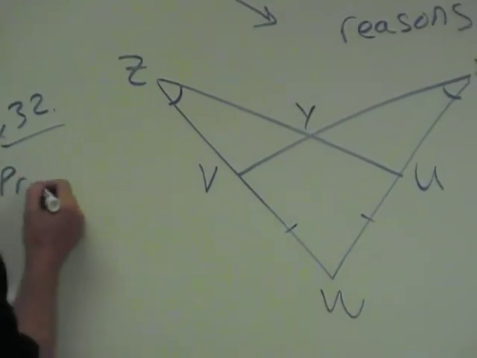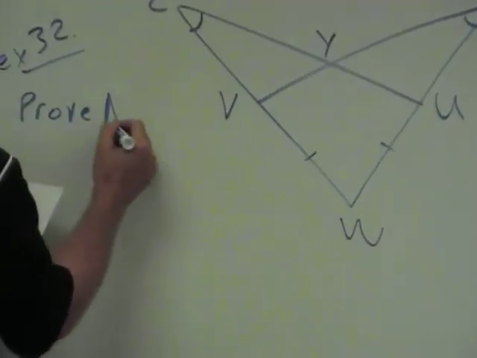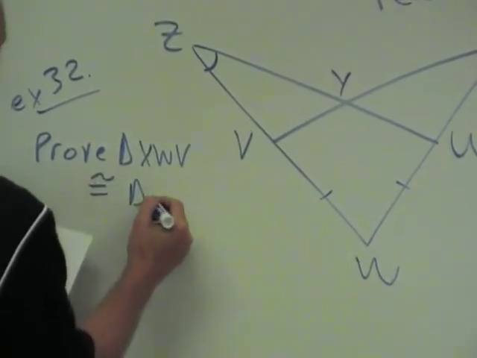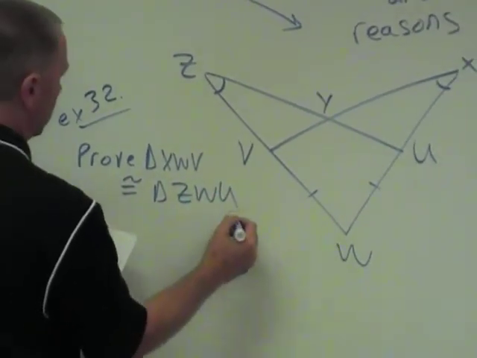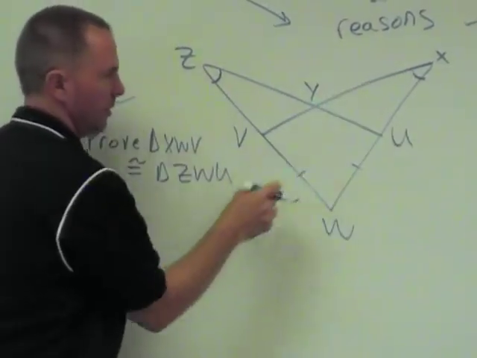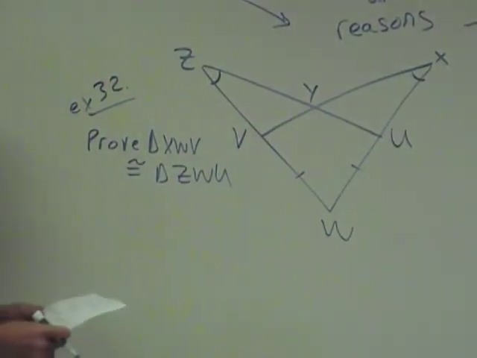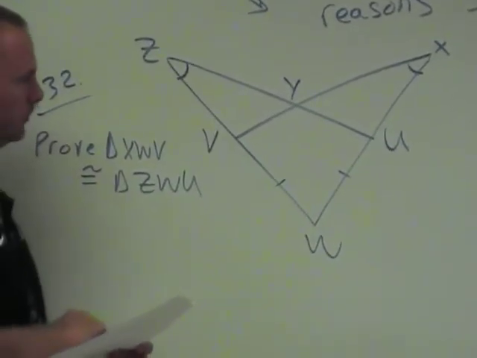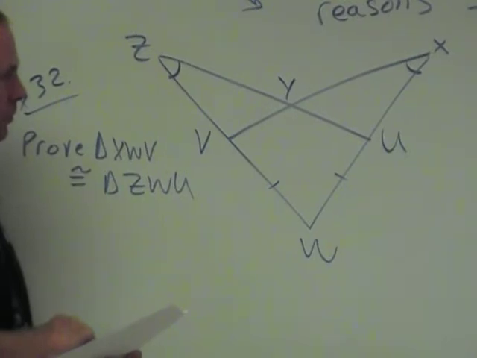Alright, so we're proving triangle XWV is congruent to triangle ZWU. So this triangle here is congruent to that triangle. That's what we want to prove, and we're going to use a flow proof to explain.